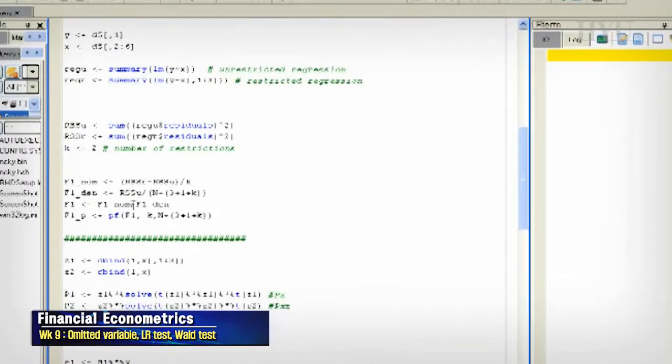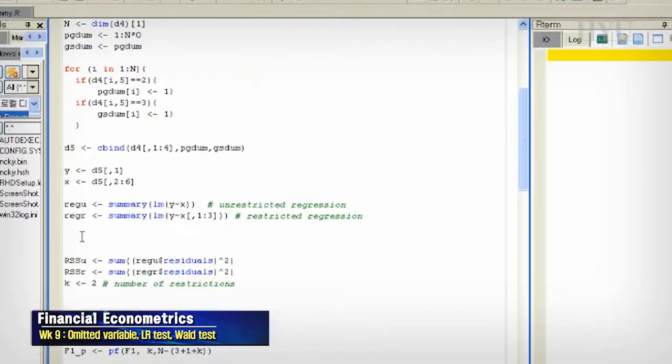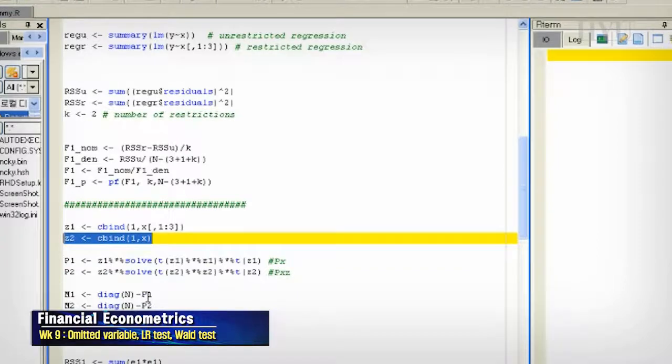And then I define Z2, which is X in the class notes.